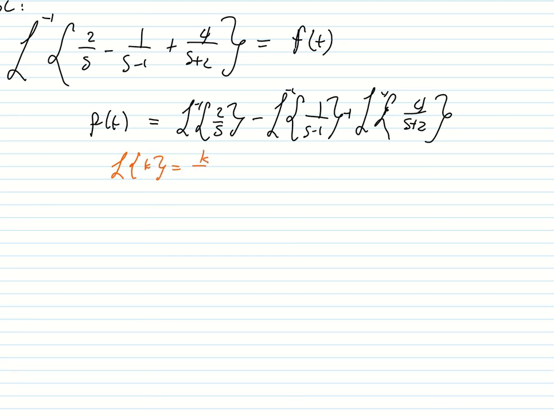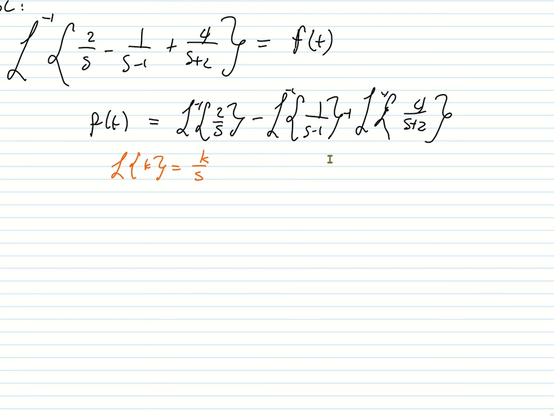This is equal to k over s, and it's similar to this 2 over s. So if you take the inverse Laplace of k over s, it will be equal to k. It's the opposite. So the inverse Laplace of 2 over s will be just equal to 2.